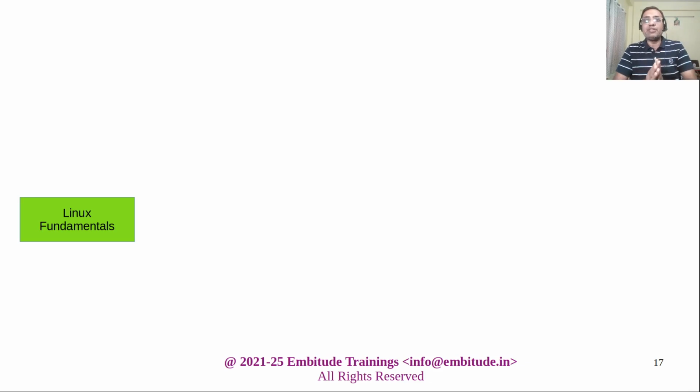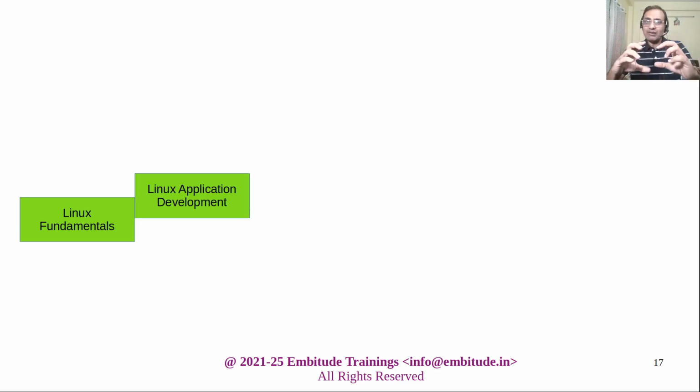Once you are clear with this, the next logical step is Linux application development, which we have already discussed. You can't simply say you would be a driver developer and you don't understand the application. If you don't understand the application, you won't be able to understand the requirement of the user, which means you won't understand the product requirement as such.